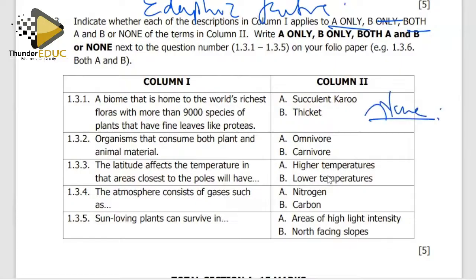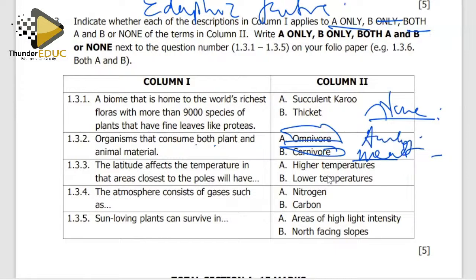Then they're saying the organisms that consume both plants and animals. It means you are omnivores. This one consumes only meat. So this is omnivore, so the answer is A only.